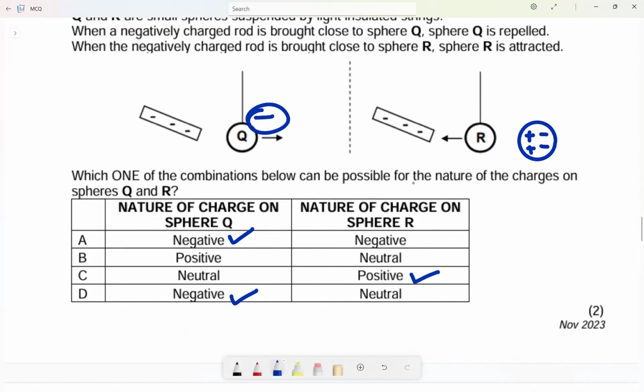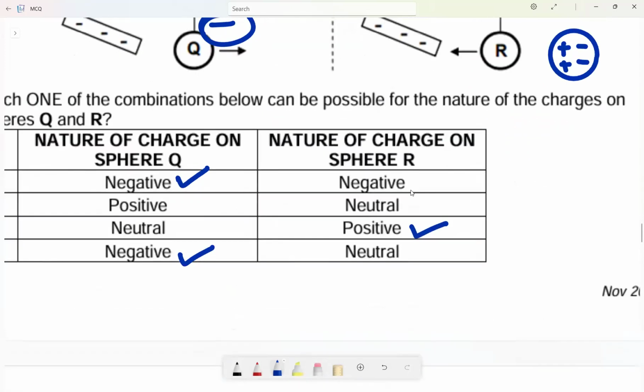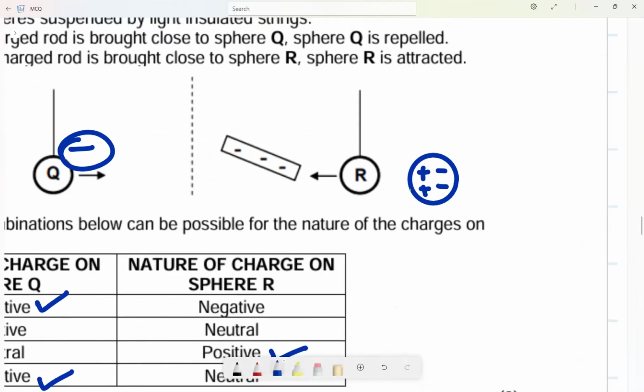When this negative rod comes close to R, R will have a shift in electrons. The protons will be on the side that experiences the negative side.